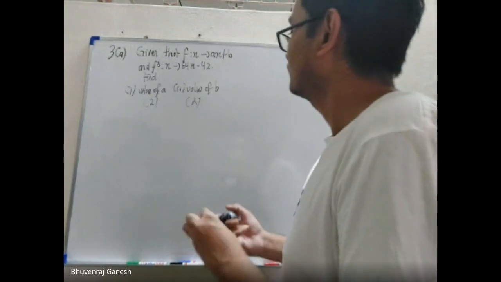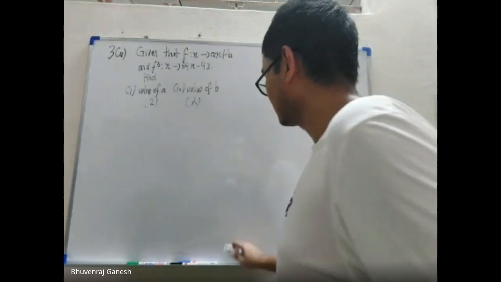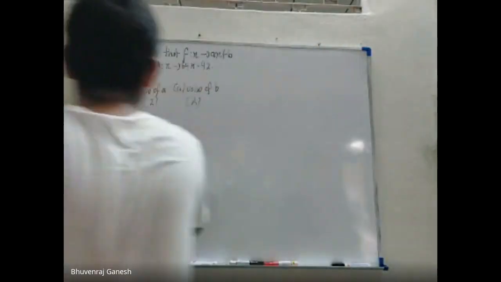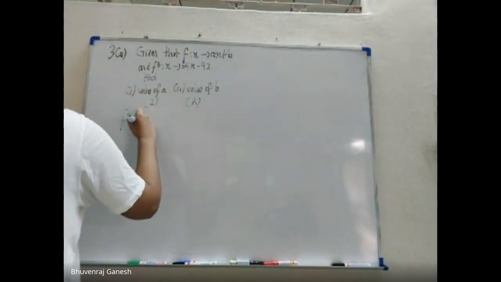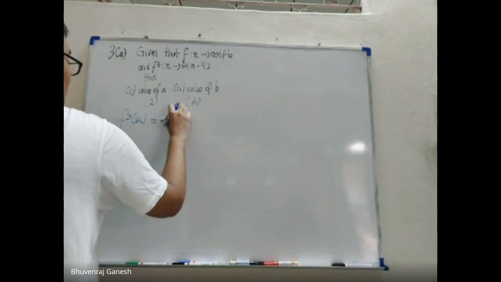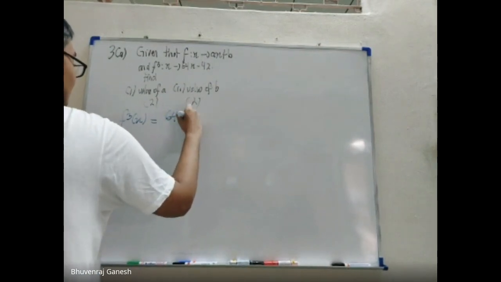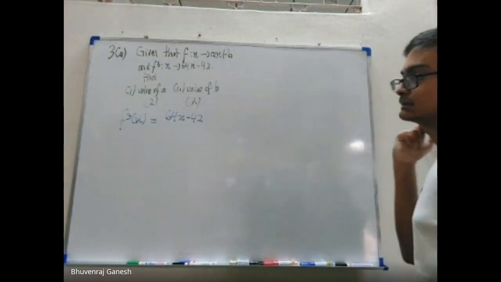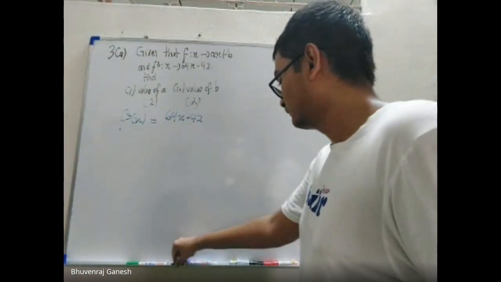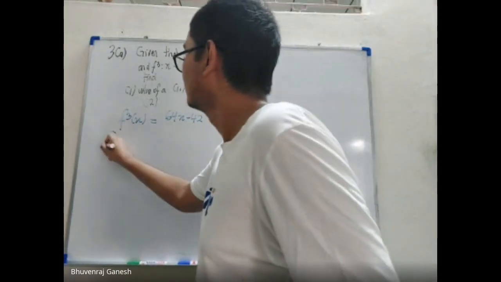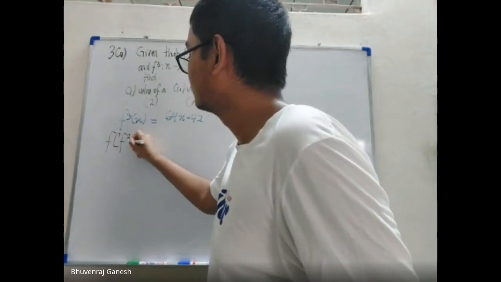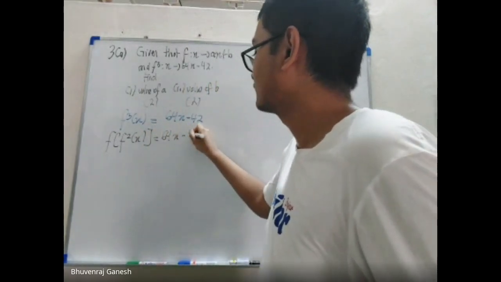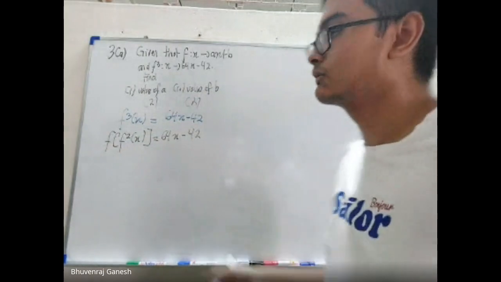So first of all, let's start with the function given. Let's say I want to use the f(x) function to substitute inside the f cube x function. The f cube x they gave you is 64x minus 42. So what we are lacking here is we need to find f square x so that we can form this relationship. This is the idea I have from the f cube x, because f times f square you get f cube.